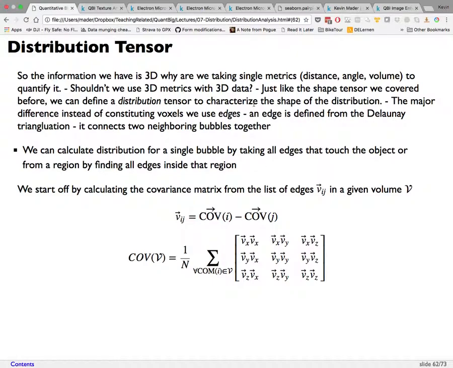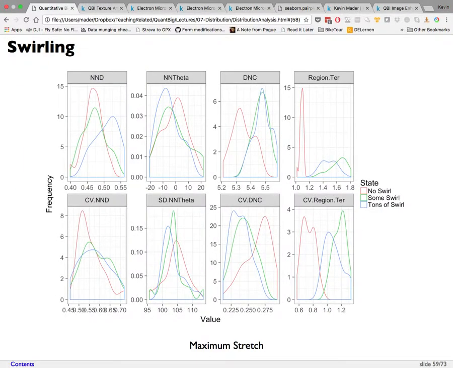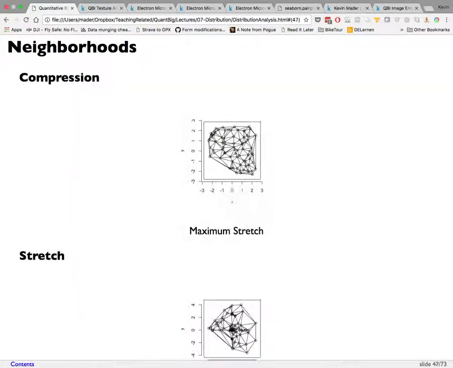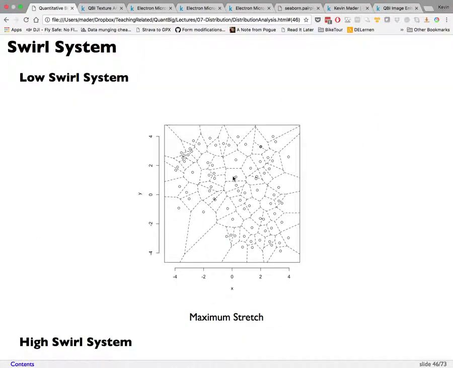And so instead of looking at each point as a shape, you look at a point and all of the other objects that it's connected to as an object itself. So if you wanted a simple way to think about it, it's like doing a shape tensor for the territory instead of the shape tensor for the object.